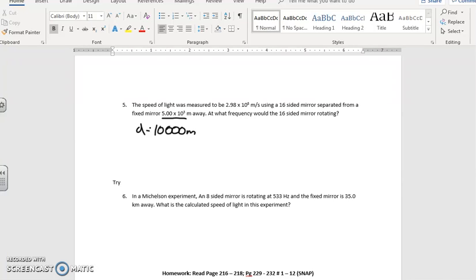16-sided mirror, well, this is essentially just working backwards. First thing we're going to do is find the time, which is distance divided by the velocity. The velocity being given to us, we find that the time is 3.36 times 10 to the negative 4 seconds. Incredibly fast.